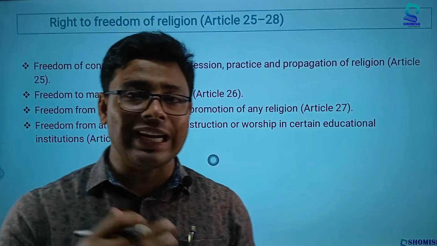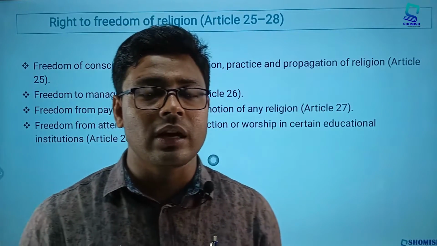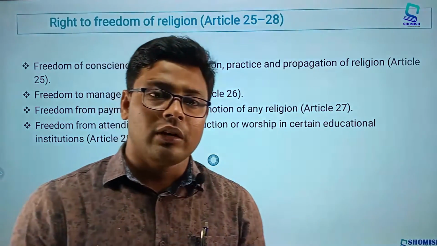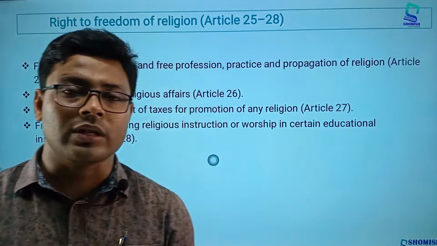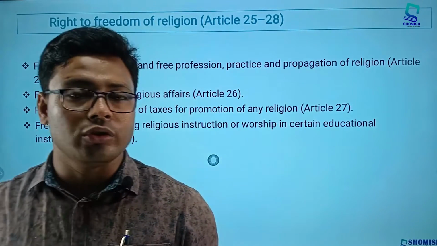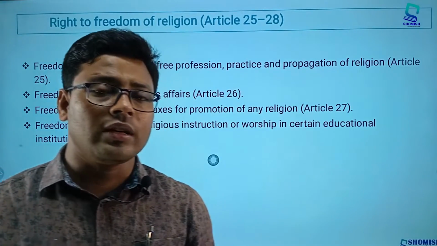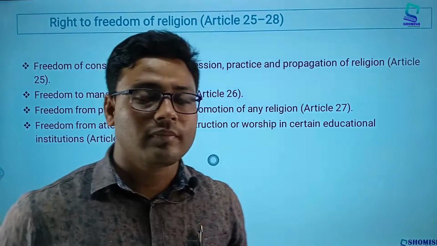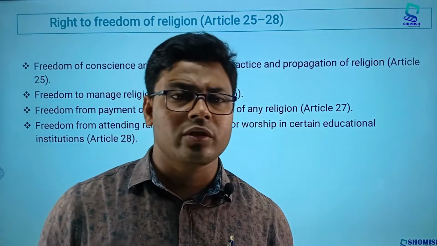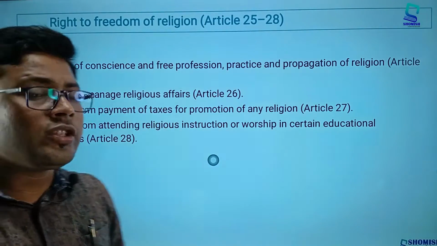If someone intervenes in this process, that time it violates my fundamental right. That time also, if any violation of fundamental rights occurs, automatically we shall move to the court, under writ jurisdiction, to seek writ in the High Court or in the Apex Court, that is the Supreme Court of India. Next, freedom to manage religious affairs.